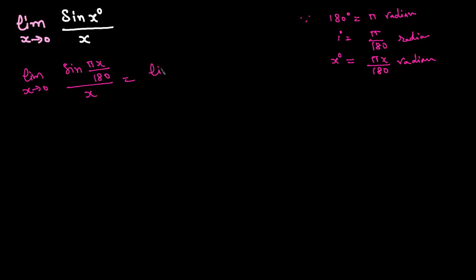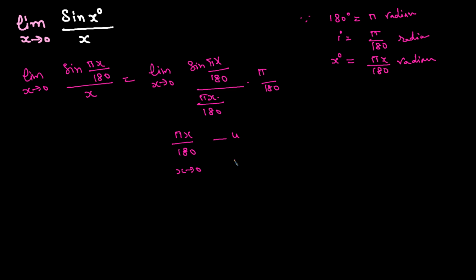As we multiply x with pi over 180, we need to do the same in the denominator too. Let u equal pi x over 180, so as x approaches 0, u approaches 0. I'm going to do the substitution.